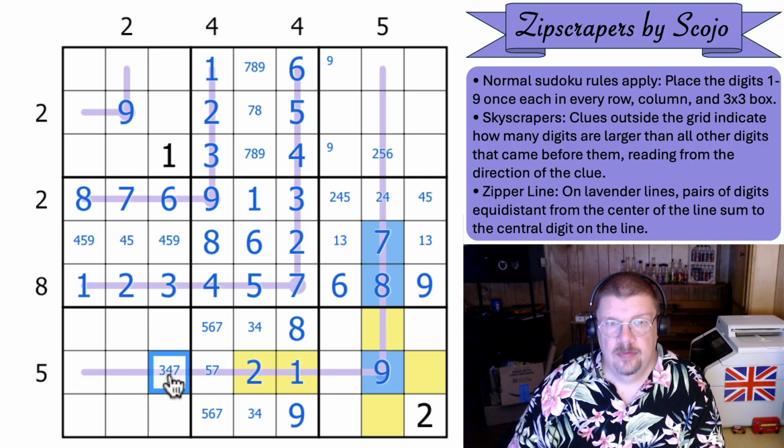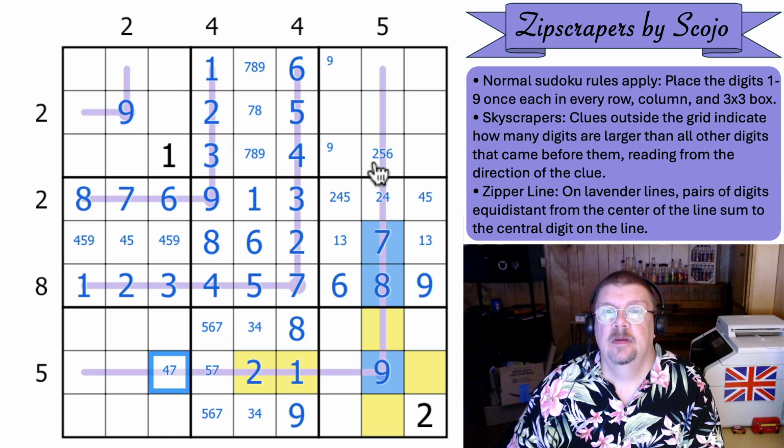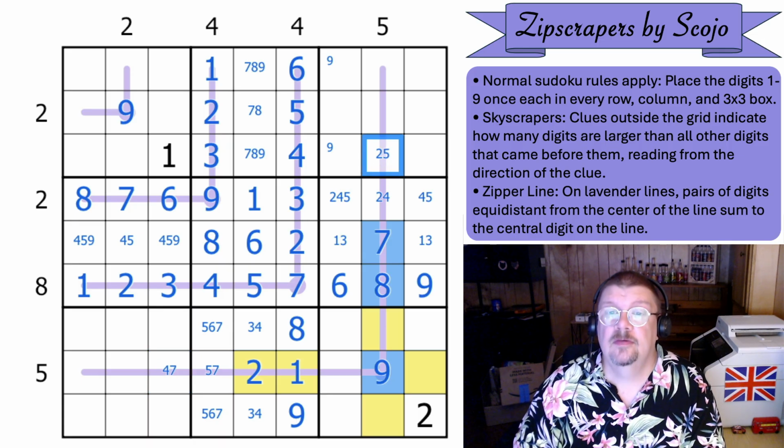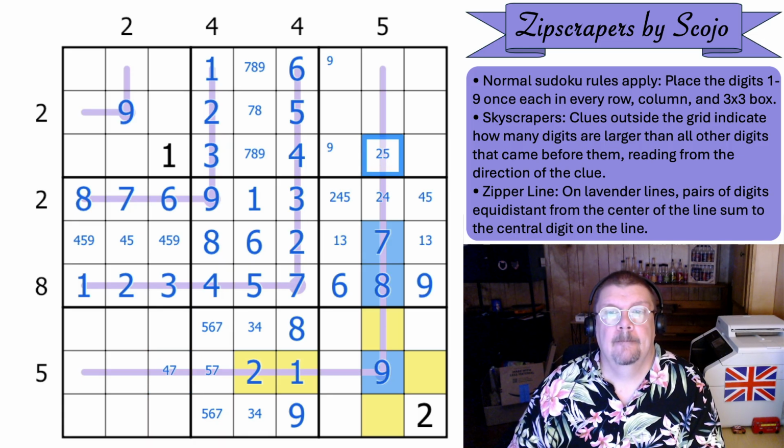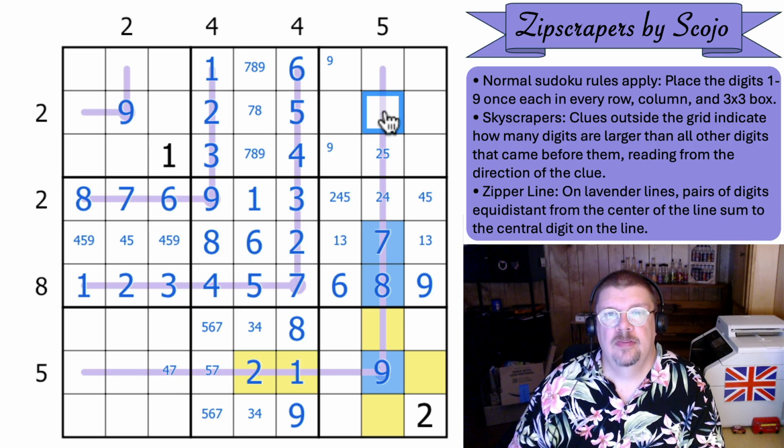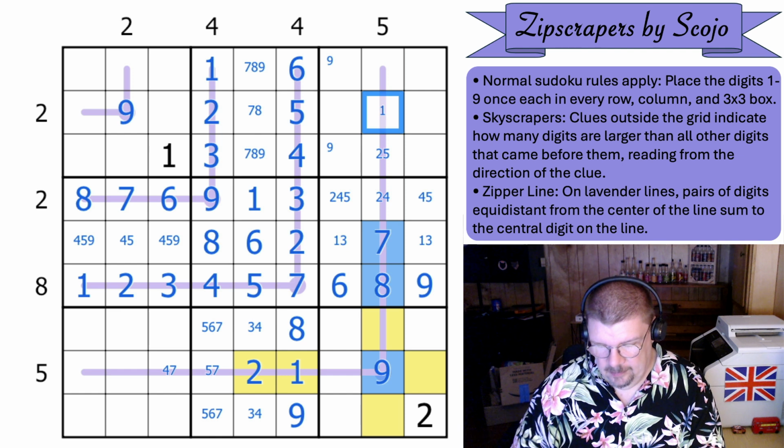But it can't be 3 by Sudoku, so this can't be 6. This cell sees 7, 8, 9, 2, and 5. So that could be 1, 3, 4, or 6.